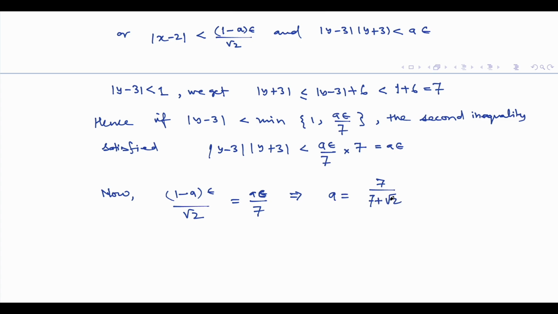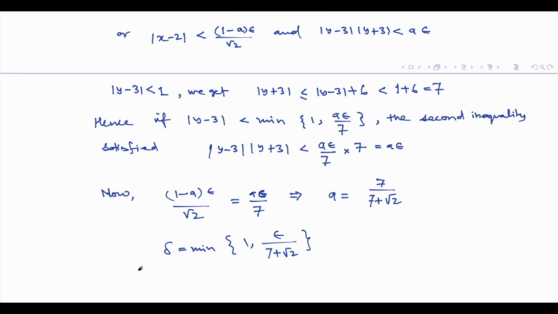Okay. So which means that if we choose delta as minimum of 1 comma epsilon upon 7 plus root 2, right? Then the given inequality is satisfied, and your condition is satisfied.